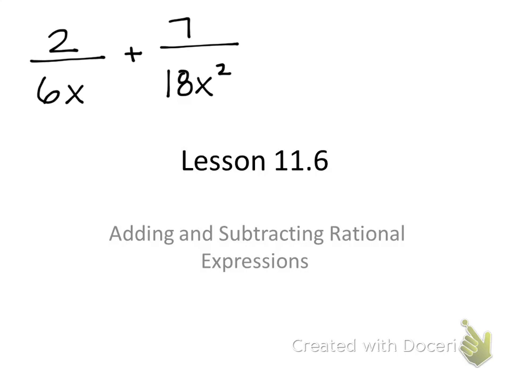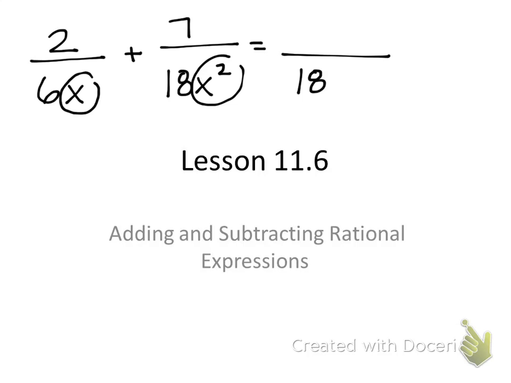And when you're working with numbers and variables, you've got to have the exact same number and the exact same amount of variables. So let's work on our numbers first. 6 and 18. What's a good common denominator for 6 and 18? 18.